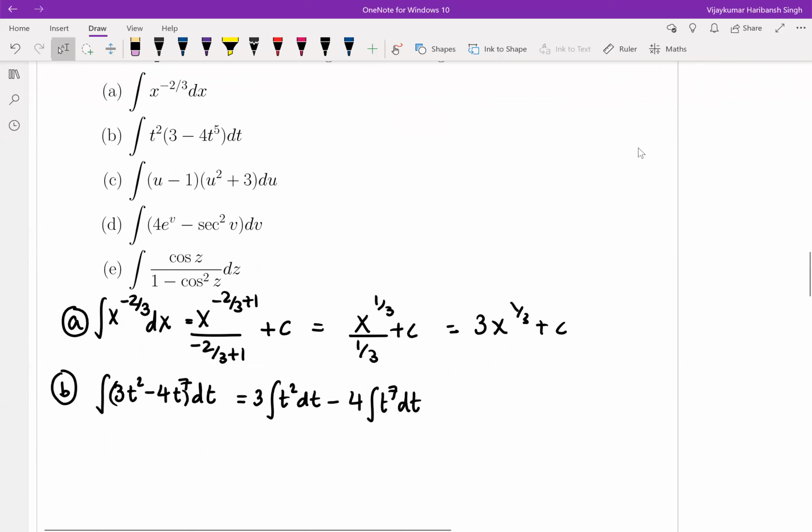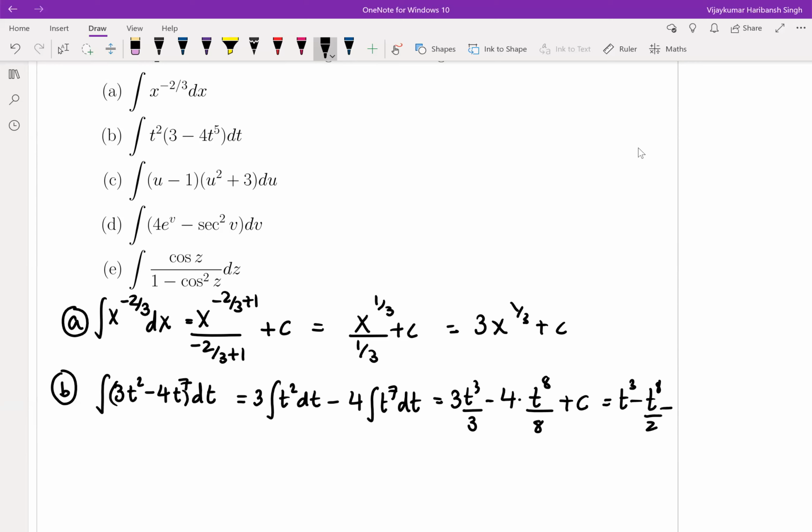Now again use the power rule. So we get 3 times t to the power 2 plus 1, which is 3, divided by 3, minus 4 times t to the power 7 plus 1, which is 8, divided by 8 plus c. And if you want to rearrange this slightly, this will be t cubed minus t to the power 8 divided by 2 plus c.